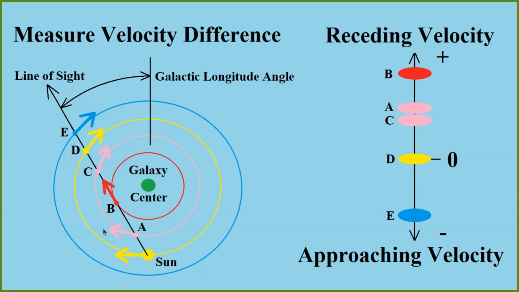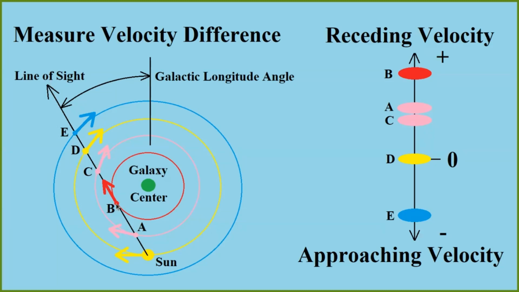Let's now consider B as in Baker, this red bunch of gas traveling around the galaxy center. All of its speed is directed directly along the line of sight. It would have the maximum difference between its velocity and the sun's velocity along that line of sight.